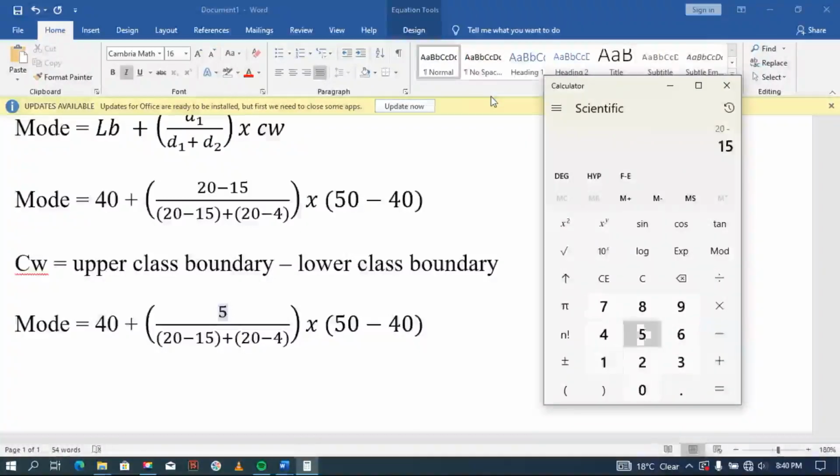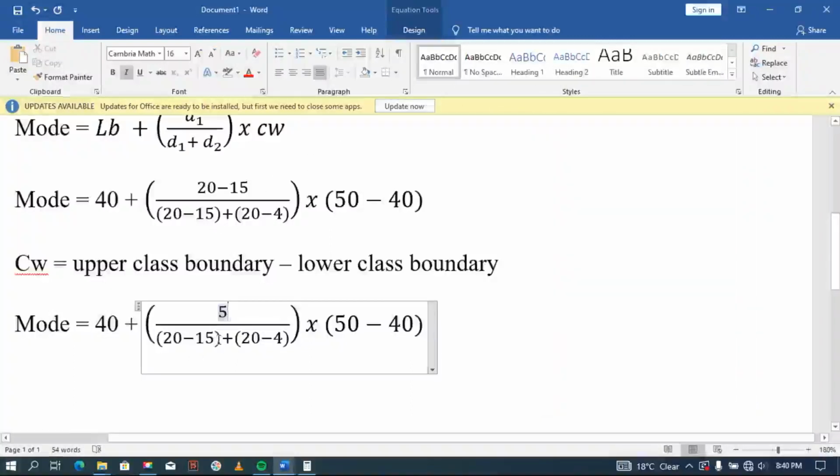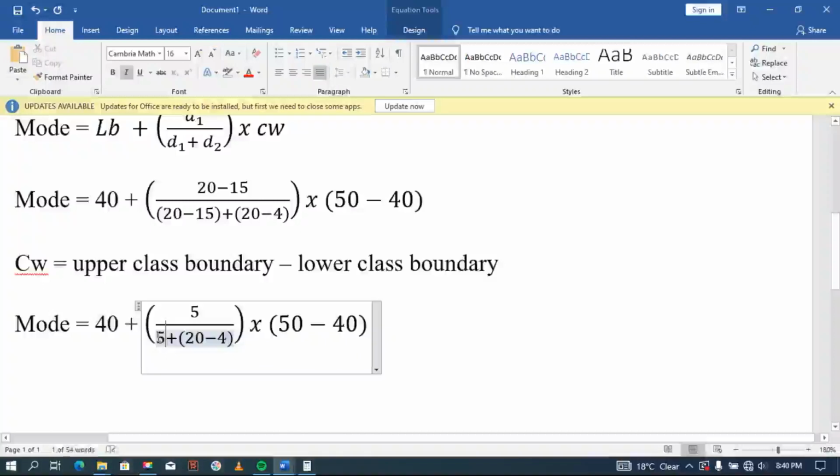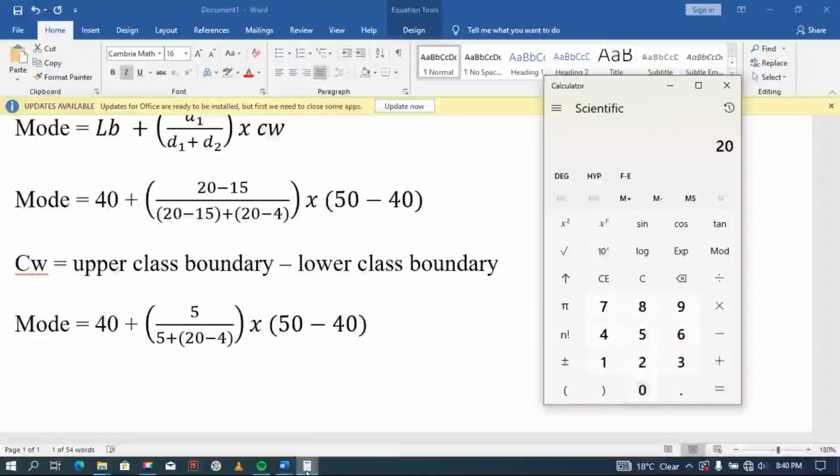D1 is 5. And then the difference between 20 and 4 is 16. That is now D2. So 20 minus 4 we get 16.